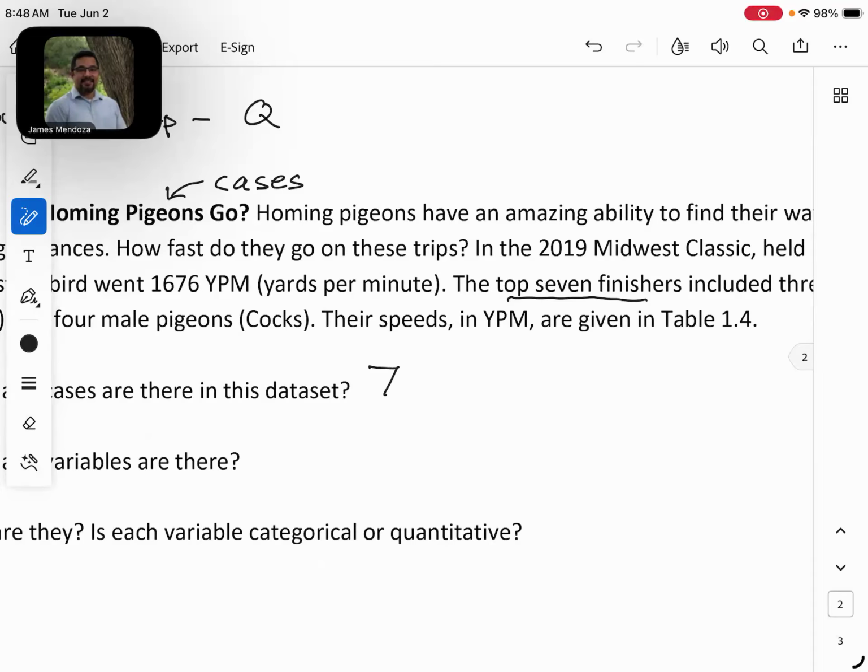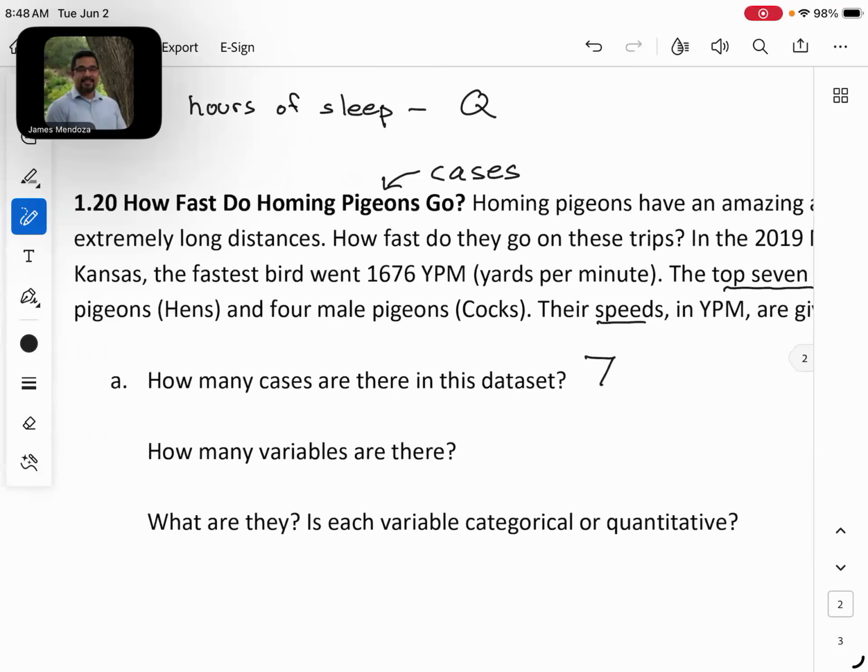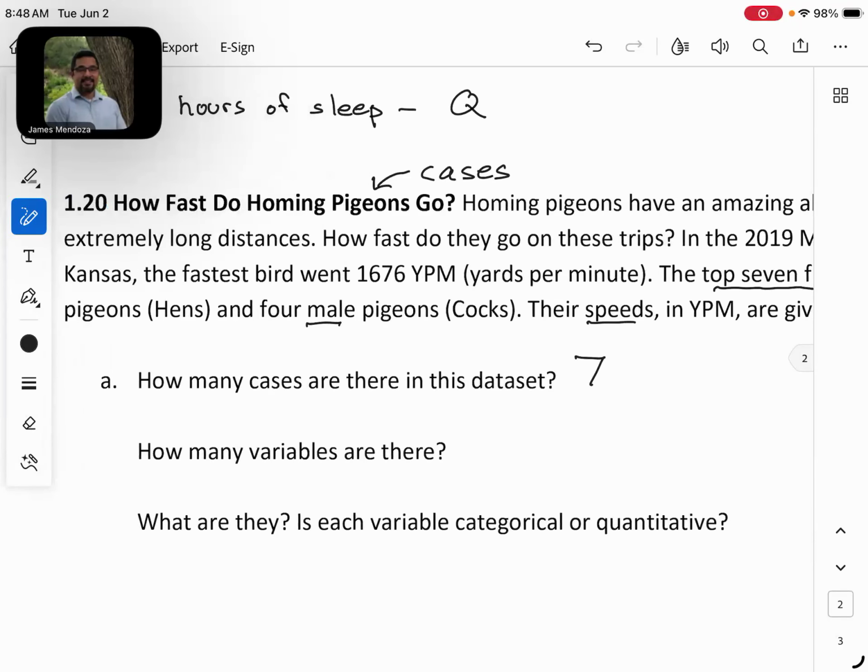The other thing is there were only two variables. One of them was the speed, how fast they were, and the other one was whether it was a male bird or a female bird. And those are the only two.